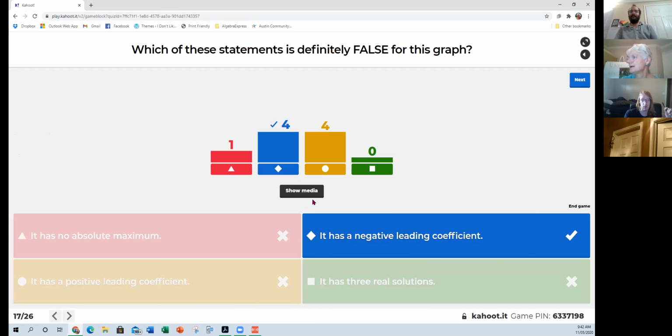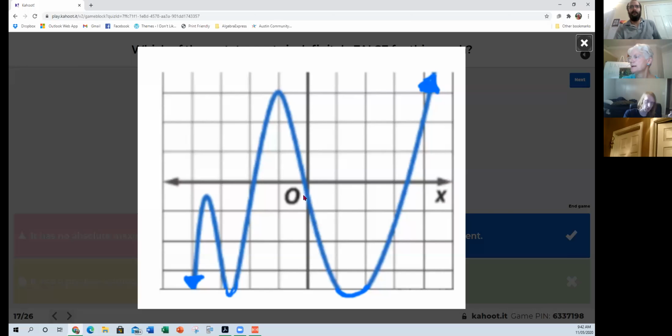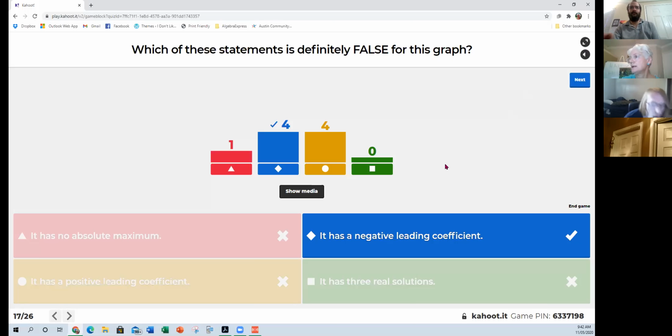So if we look at this, it has no absolute maximum. That is true, because this thing goes on to infinity. So it definitely does not have an absolute maximum. The other one that was wrong was it has a positive leading coefficient.